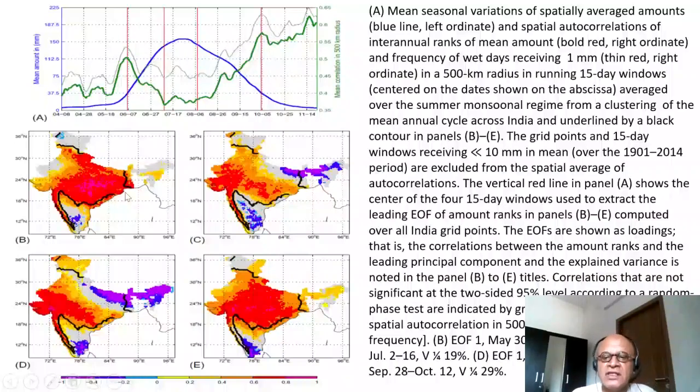So if you look at the EOFs of those periods, in the beginning, in the middle of the peak of the season, at the beginning of the peak and the end of the peak and withdrawal, you can see that the onset has large spatial coherence with this north-south, east-west pattern, and withdrawal similarly has a large-scale pattern, whereas the spatial coherence seems to reduce in size or basically becomes much less coherent at these scales of 500 kilometers in 15 days during these peaks of the season.